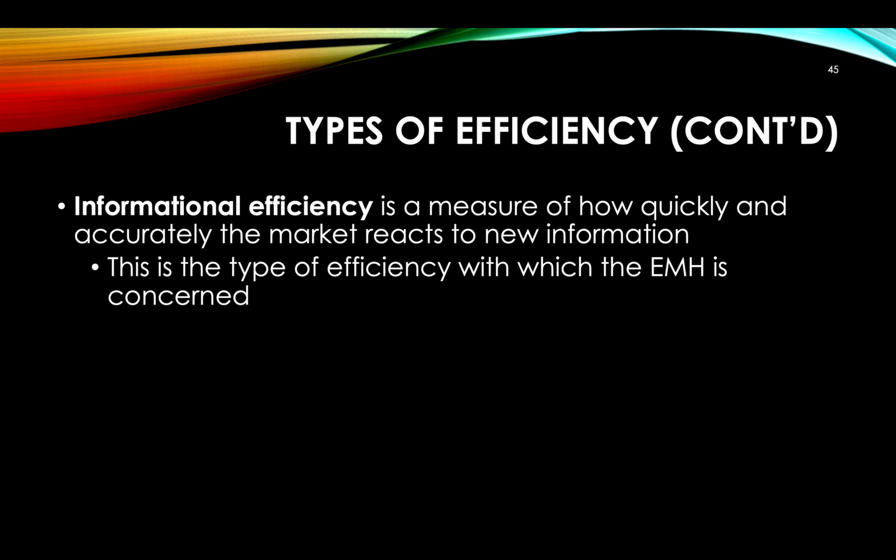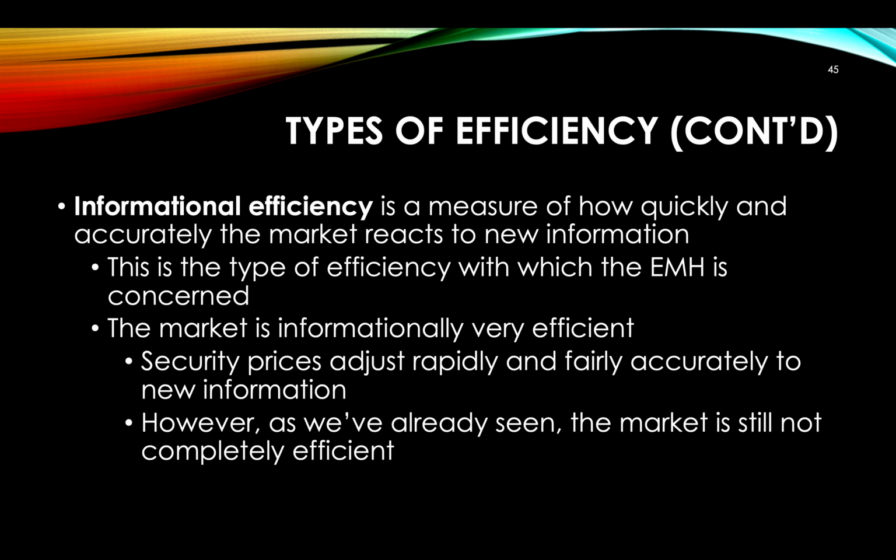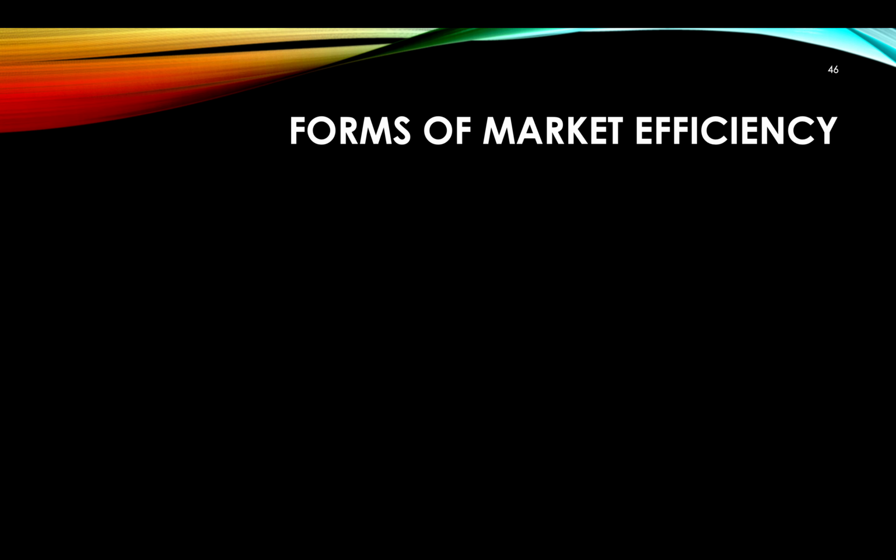The efficient markets hypothesis says that the stock market, and bond markets as well, are informationally very efficient. The price of an individual stock or bond adjusts fairly rapidly and fairly accurately to the new information that comes out about that company or investment. But the market's not completely efficient.